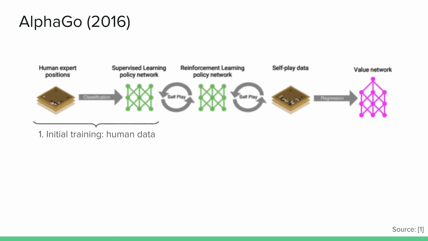They started with initial training on human data. So they had experts who played the game, and the machine saw those replays of the games that the human experts played and tried to mimic their behavior, tried to become as good as the human experts in these games. And once it got to a certain point where it fundamentally understood the game and was reasonably well playing, they copied the model, and then they had two copies, and they let those two models play against each other.